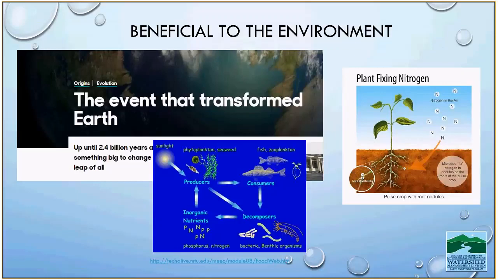Some cyanobacteria can also fix nitrogen, that is, they can take atmospheric gaseous nitrogen into their cells and use it for their own growth. And then again, when they die or are eaten, that nitrogen is available for other organisms in the lake food web. If you're a gardener, you're familiar with this process. Beans and peas as legumes also have the ability to fix nitrogen in their root systems.